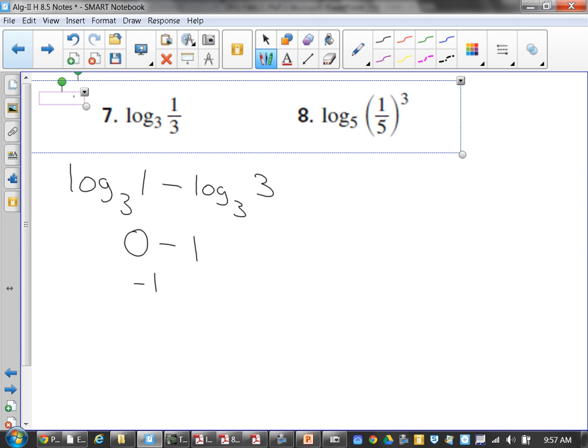On the next one, using your properties, you have 3. Since you're going to have a division property here, throw in parentheses because it's 3 times this stuff in parentheses. Everybody see that? Since the parentheses are raised to the power, the 3 has to be out in front of the logs.